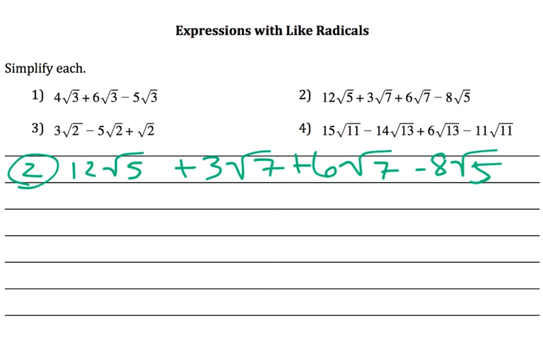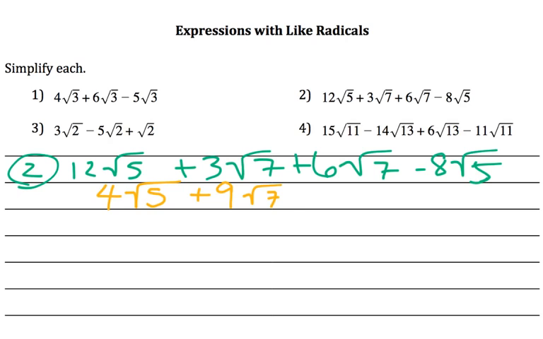But I think this problem's not crazy difficult, so I'm just scanning from left to right, and I see something with the square root of 5, and I see something else with the square root of 5. Those numbers out front are 12 and 8, and 12 minus 8 gives me 4 square root of 5. And then moving on to those middle terms, 3 and 6 combined give me 9 square root of 7.